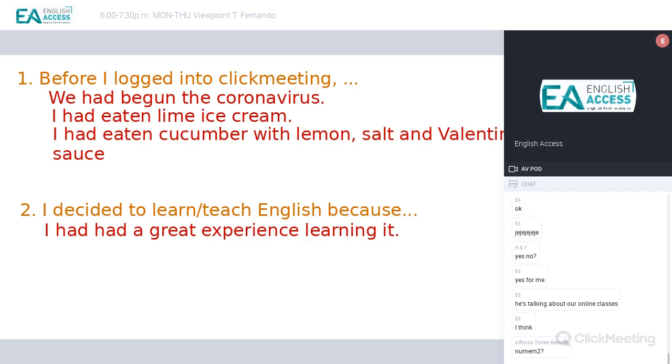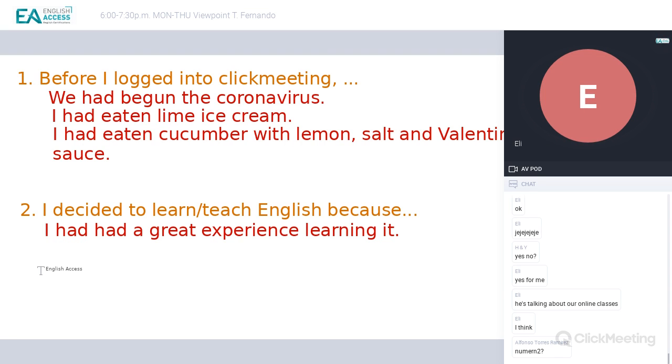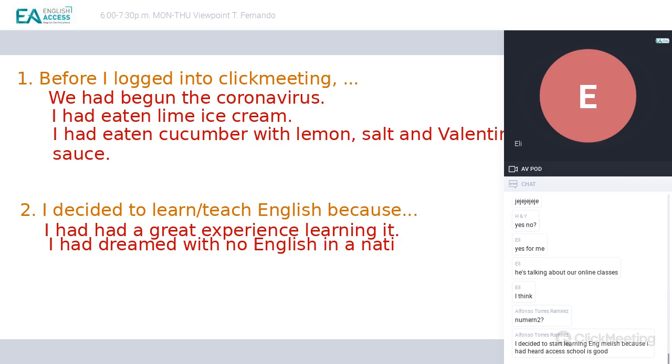And number two, I decided to start learning English because I had dreamed with no English language in a native way. You had a dream? Yeah, I had dreamed with no English in a native way. What do you mean by that?